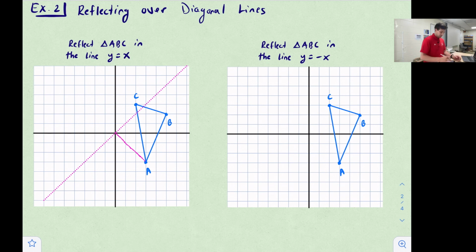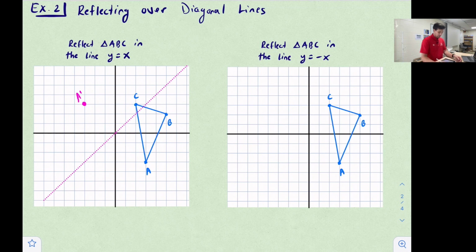These aren't full units, but for our counting purposes, we can say this is 1, 2, 3, like 3 diagonal units away. So our other point would be 1, 2, 3 on the other side, so A prime. We can take those lines away.